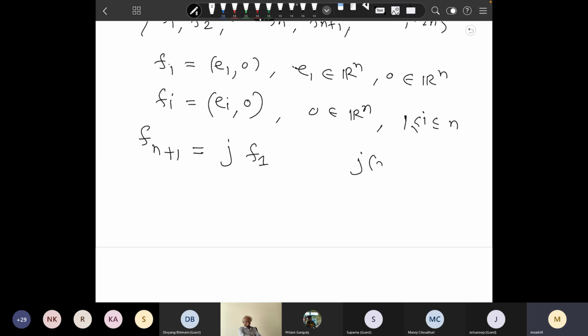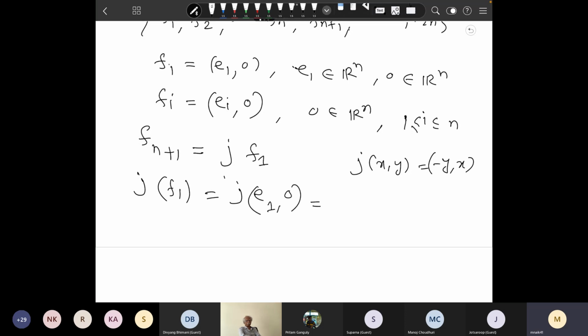See, we recall this J of xy is equal to minus yx. So what I'm saying is that Fn plus 1 is equal to J of F1. Is it clear? J of F1 is equal to J of E1, 0, right?